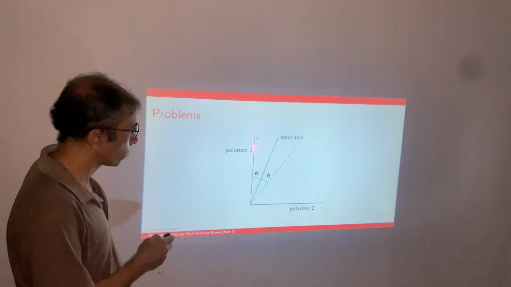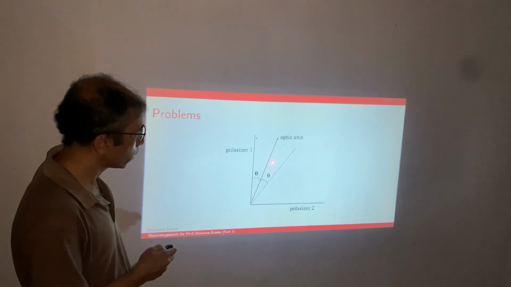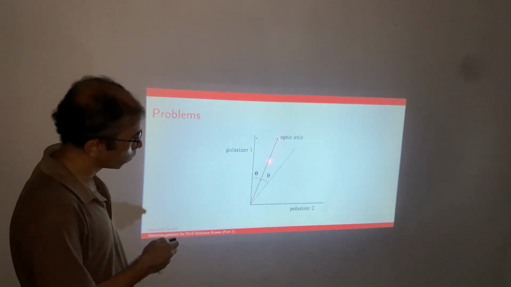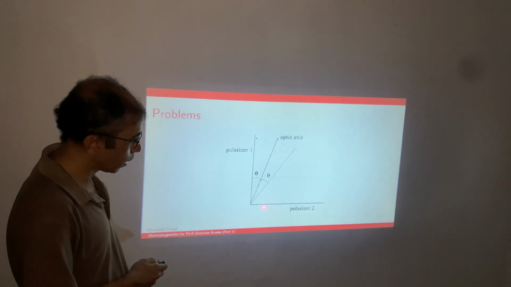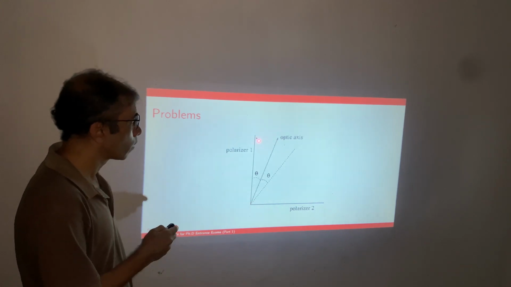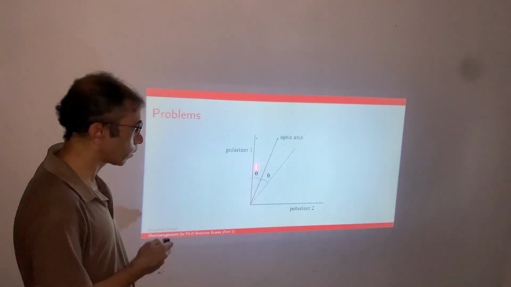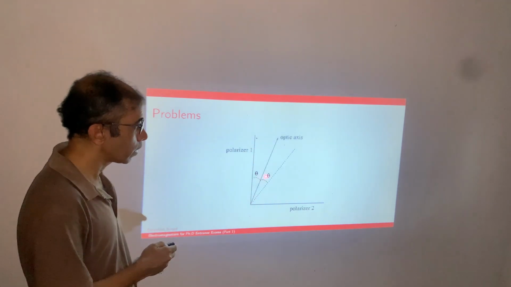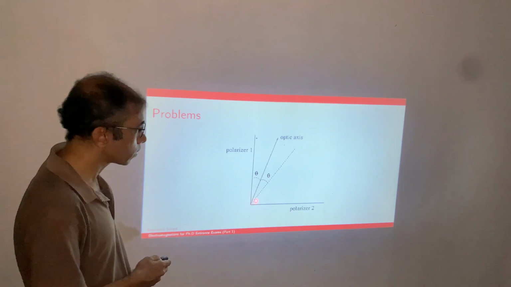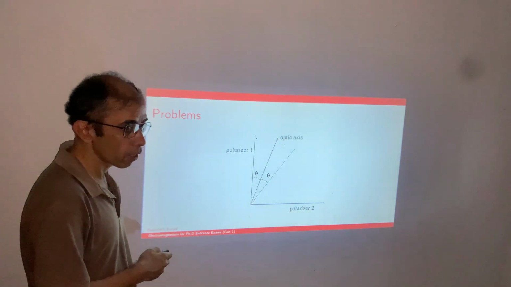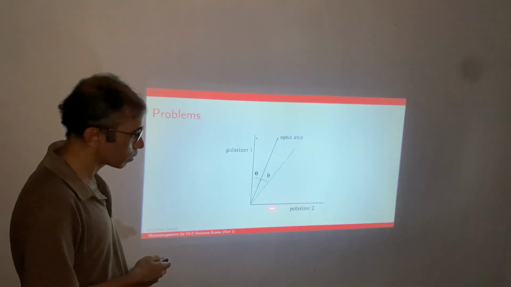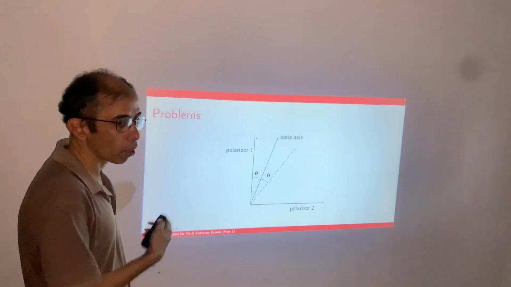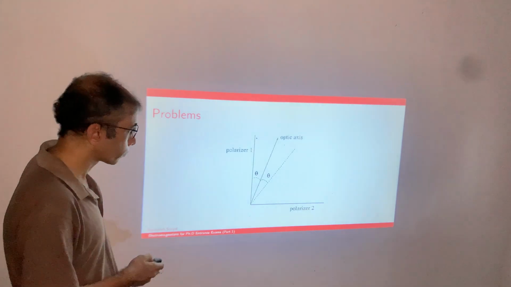This is the first polarizer, then the half wave plate with its optic axis, and this is the second polarizer. So the light passes through the first polarizer, then the half wave plate, and then the second polarizer. So what is the output intensity?